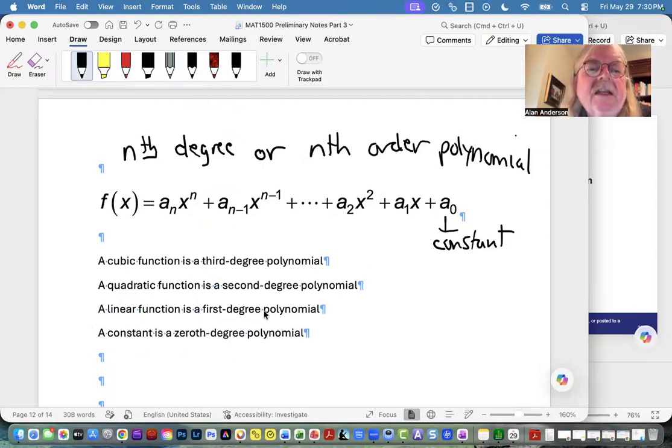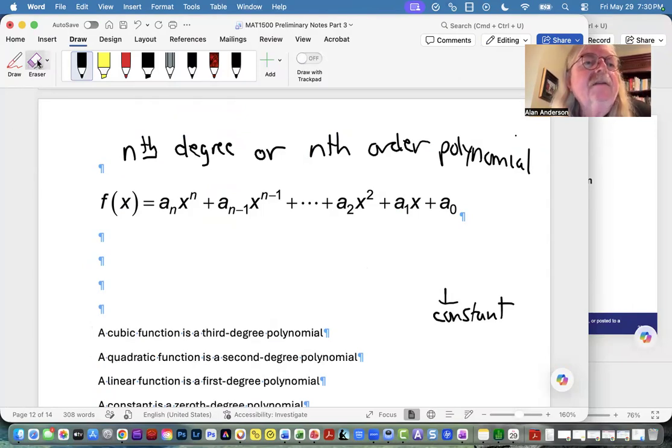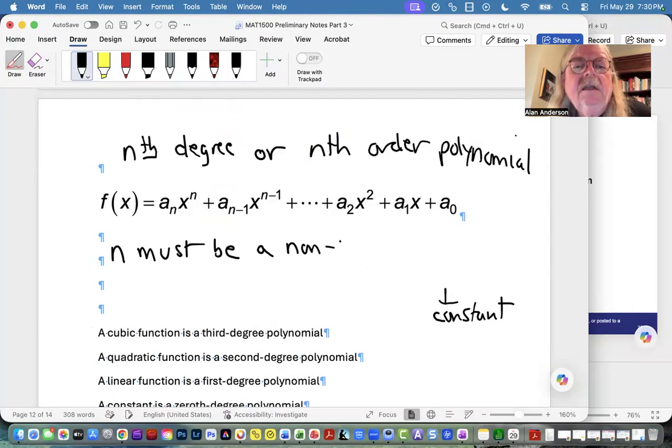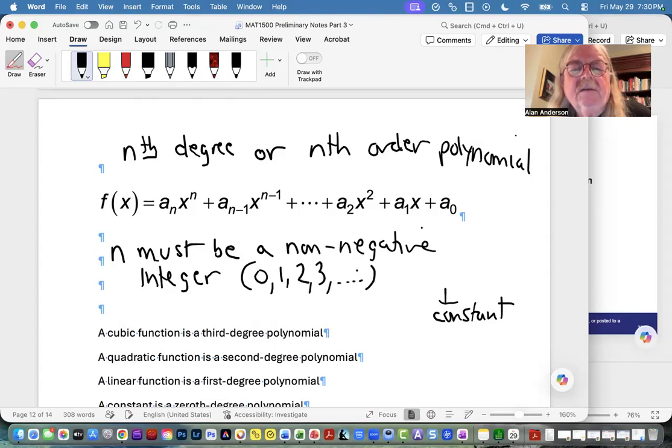The restriction here is that n, whatever n is, is a non-negative integer, which means 0, 1, 2, 3, etc. If it's not, let's say this leading n is 3.7 or something like that, then it's not a polynomial. It's something completely different.